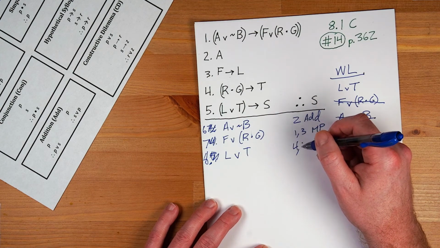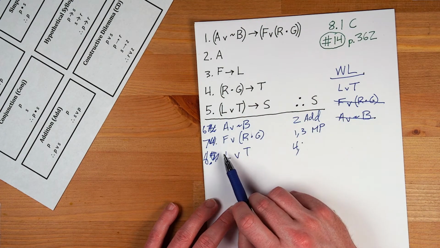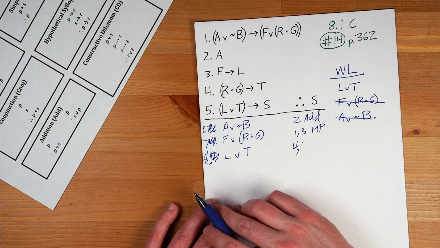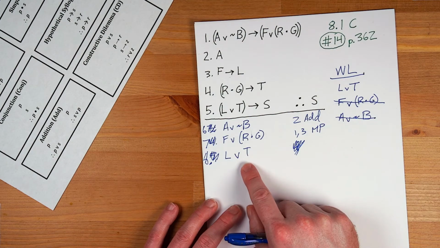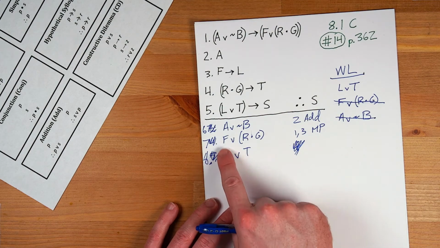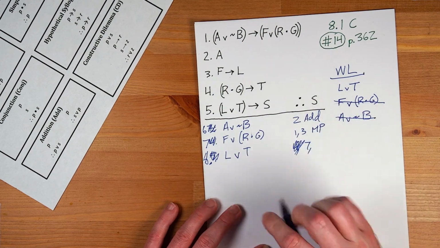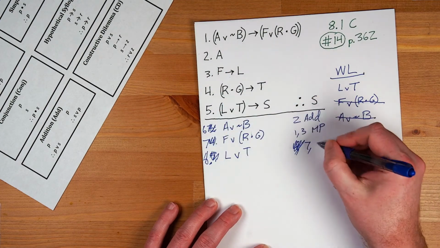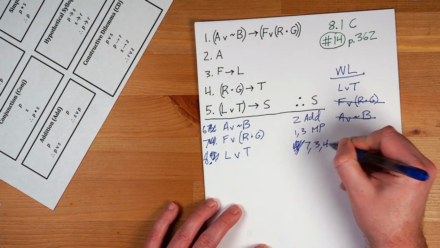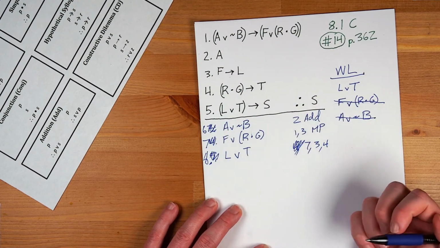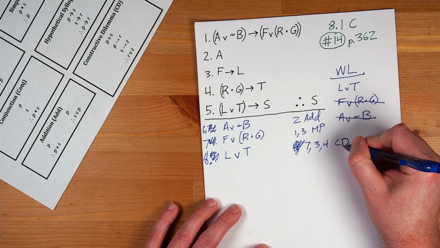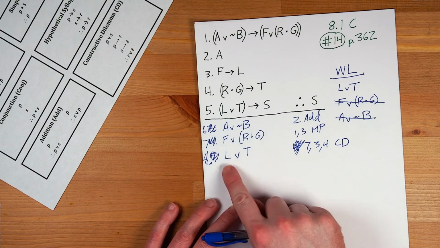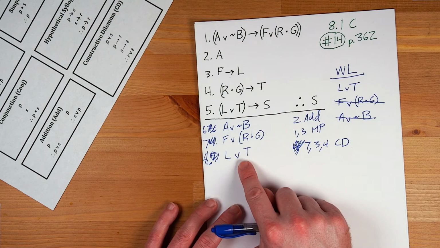So we say 7 plus 3 and 4. And the order you write these over here doesn't matter as long as you get them down. The rule we use is constructive dilemma, and that gives us line 8, L or T.